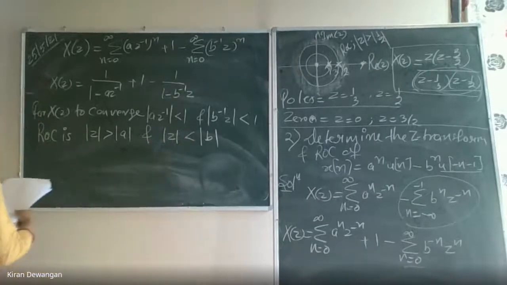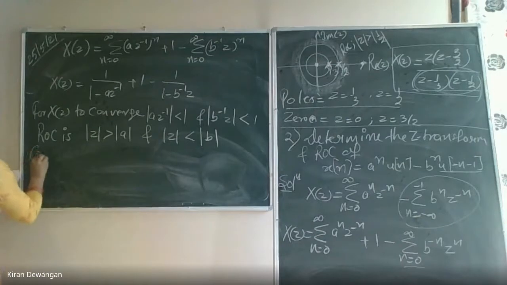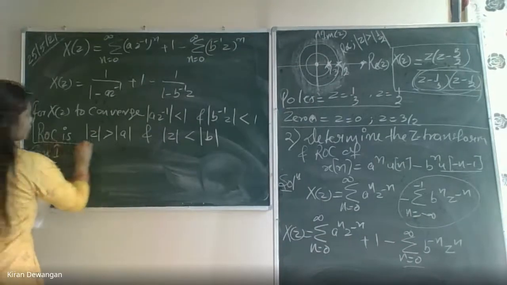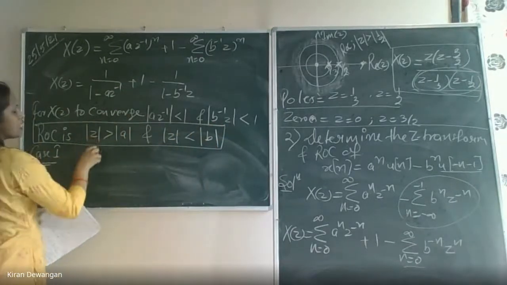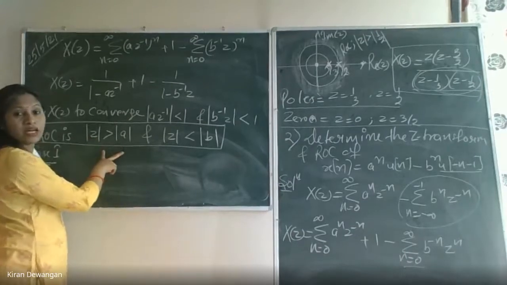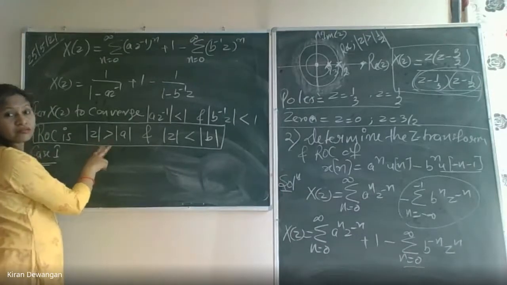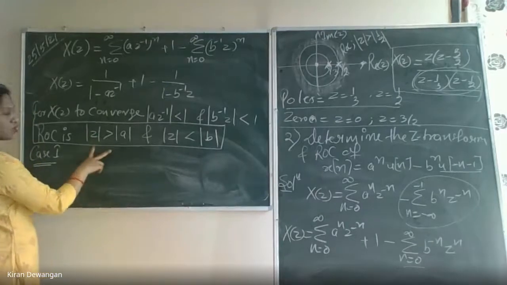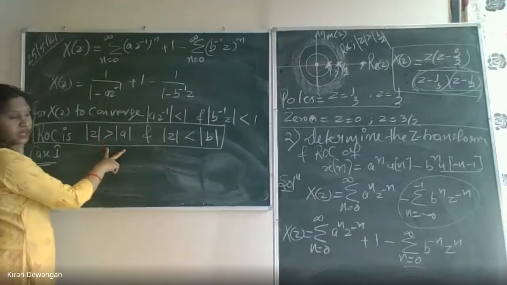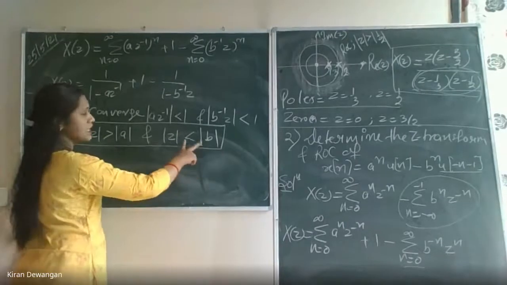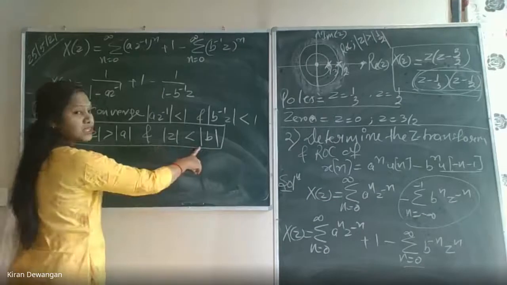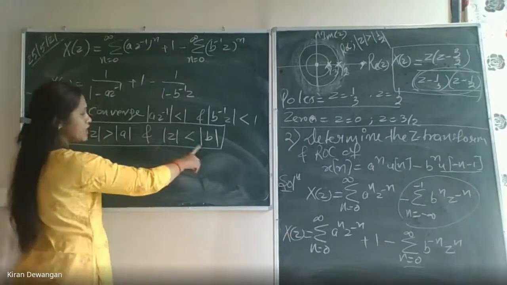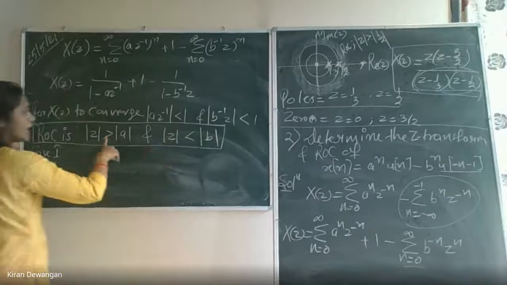ठीक है. Now if we take the condition case 1, this is our ROC, this is what we have got our ROC. ठीक है. इसका मतलब क्या है, what does it mean, that the mod of z is greater than mod of a, मतलब ROC lies in the exterior of the circle of radius a, and from this it is saying that ROC lies in the interior of the circle of radius b. इसका मतलब है it is lying in the interior of the circle of radius b. यहाँ पर b के अंदर होगा, यहाँ पर a के बाहर होगा.